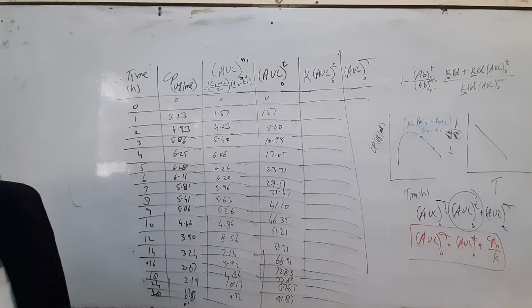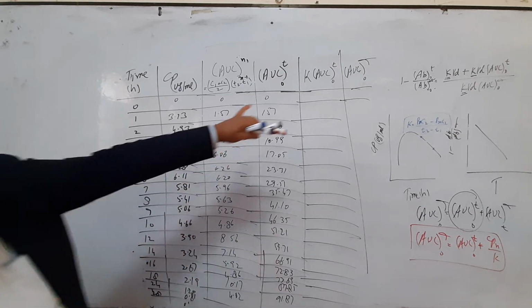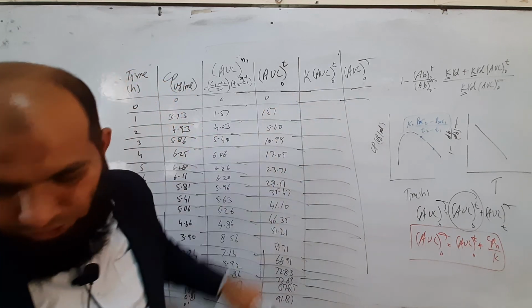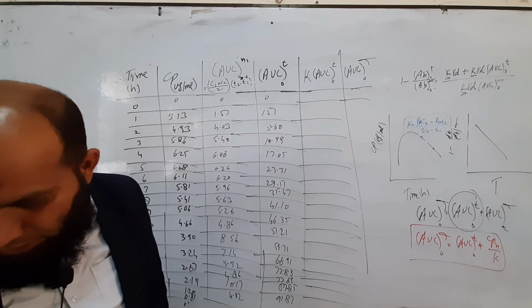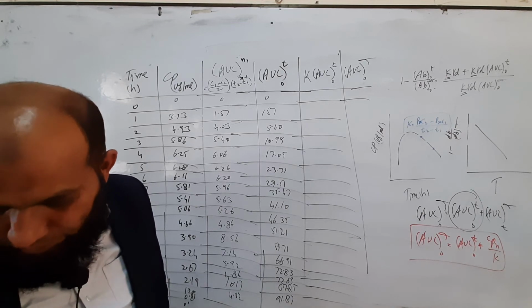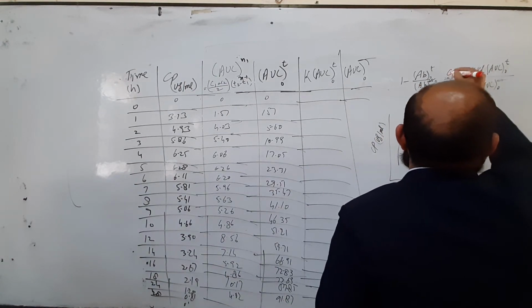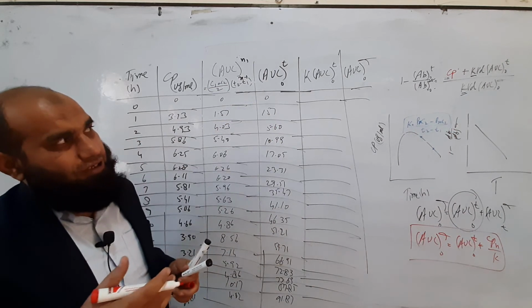What do we want to find? We want the multiplication of K, Vd and AUC 0 to infinity, and Cp plus K into AUC 0 to infinity. Remember, we have the formula for this, because we have written here that K Vd is actually our Cp, the plasma concentration.